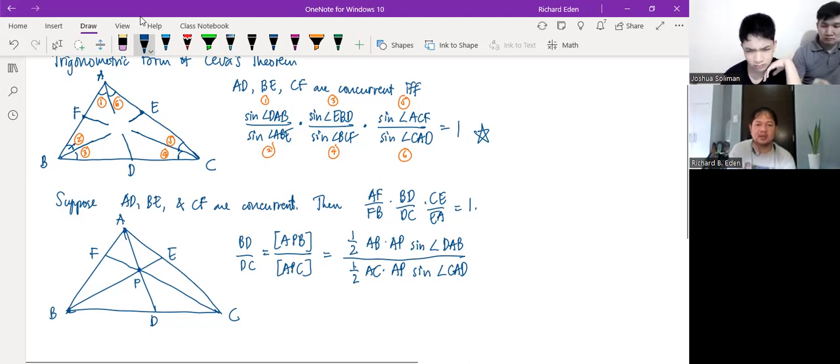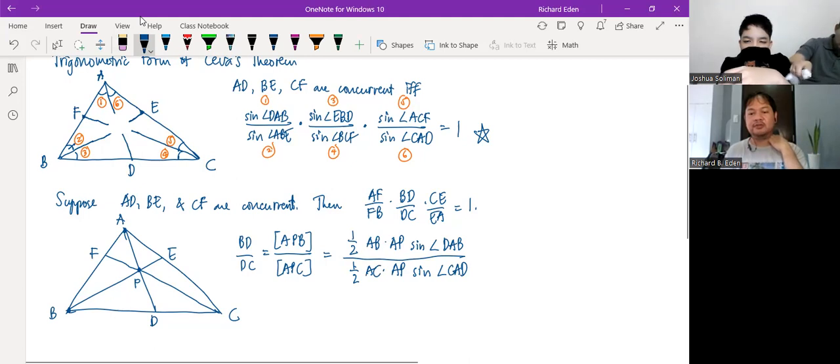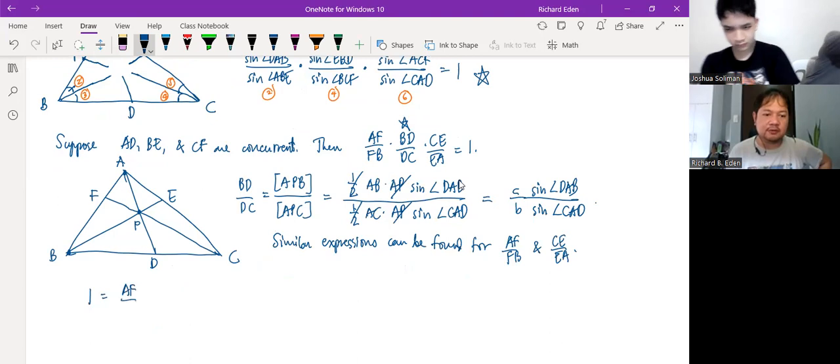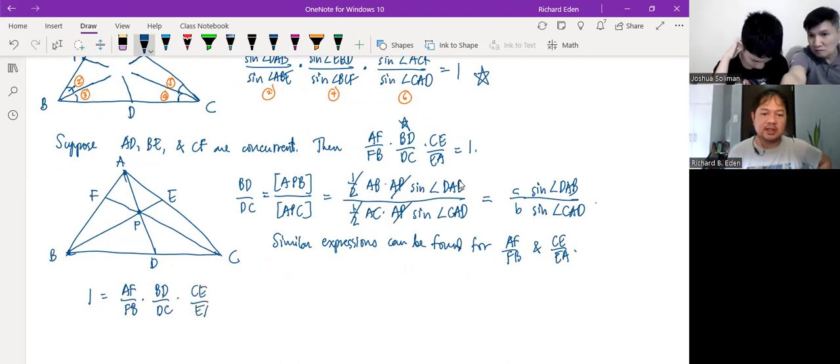Similar expressions can be found for the two other ratios from the ordinary Ceva's theorem, AF over FB and CE over EA. And therefore, from Ceva's theorem, 1 equals AF over FB, and then BD over DC, and then CE over EA.